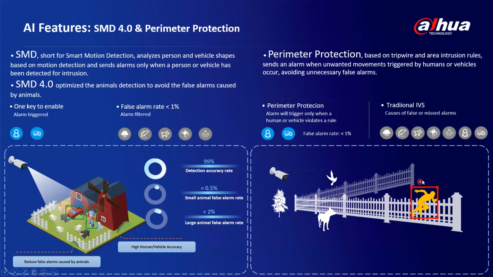So you can set different rules. Let's say, for example, a tripwire here, or you can set an intrusion area, meaning that if any of these two tries to violate these particular rules, then the alarms will be triggered. But let's say, for example, an animal gets too near to this particular wall, or maybe birds fly across the wall, they will not cause the alarms to be triggered.